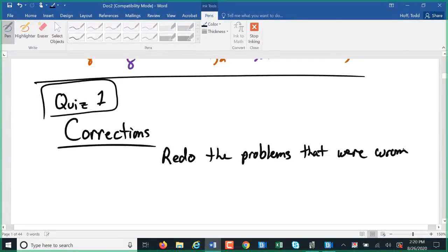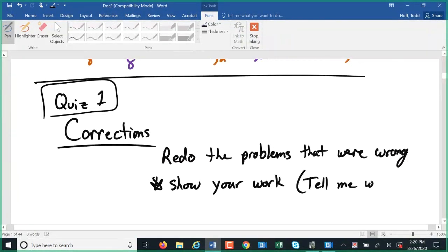The biggest thing is when you redo them, you have to show your work. Now, if you can't show your work, maybe it's just a really silly thing you did, then just tell me what you did wrong. If you looked at the problem wrong and misinterpreted what it was asking for, just say so and then redo the problem.